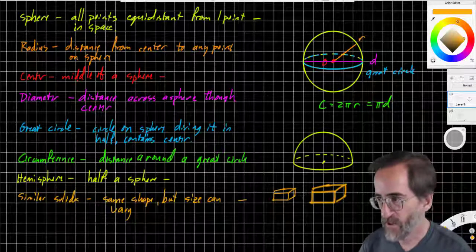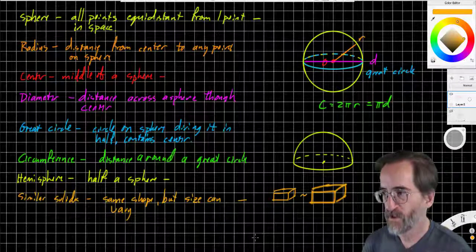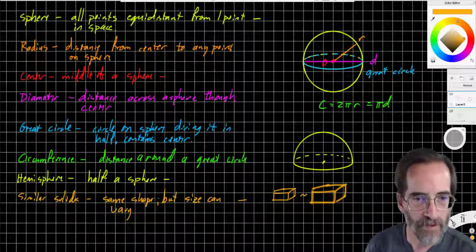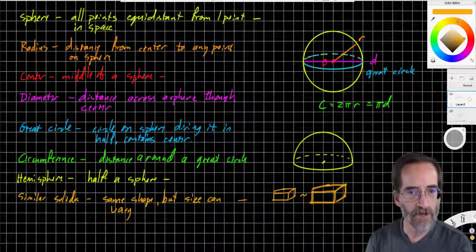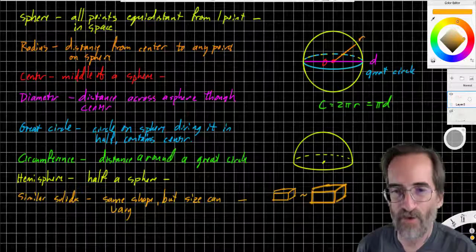Okay, and the symbol for similar is a wavy line. Okay, and then we have the project and the review. So that's all the words.